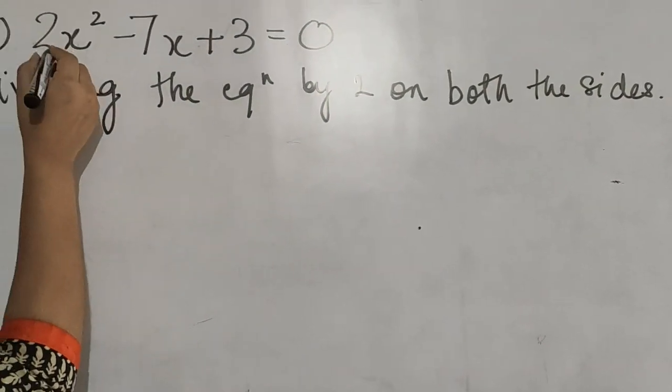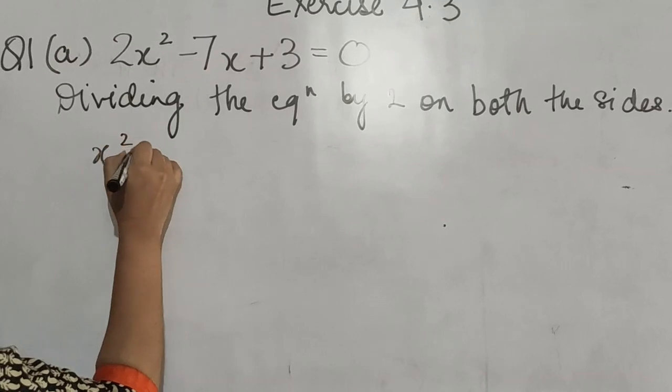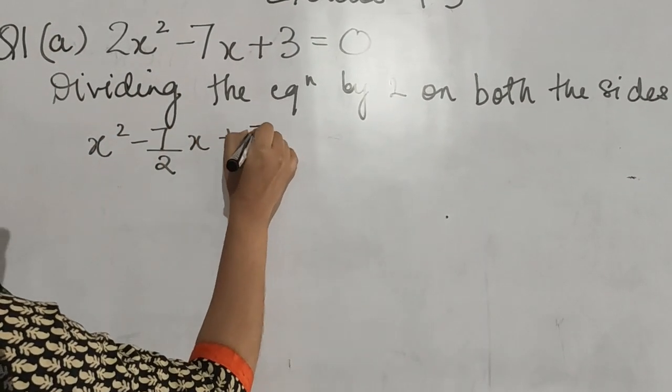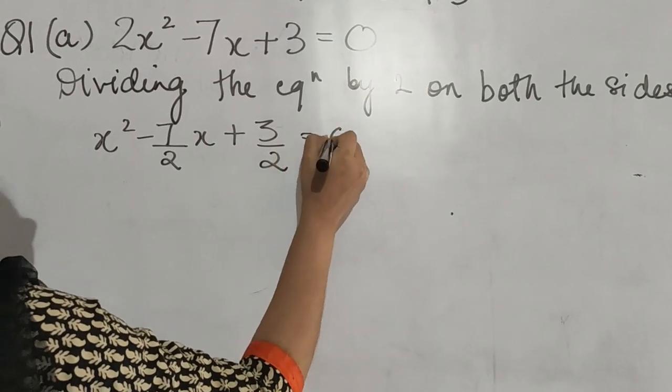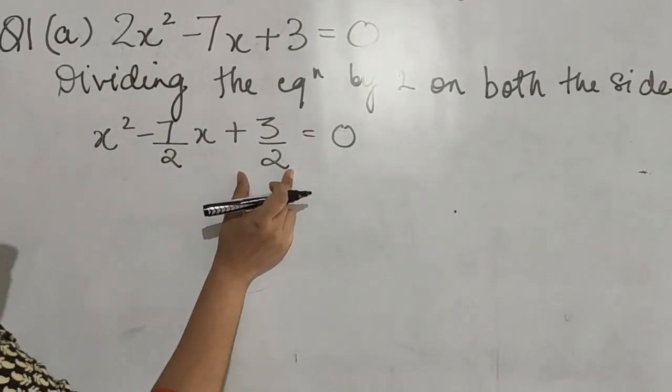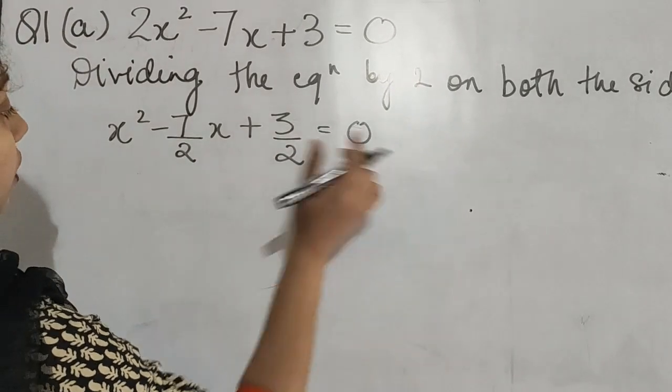Let us divide this. This will be x square minus 7 upon 2 x plus 3 upon 2 equals 0. Our next step will be that we have to take the constant to the RHS.